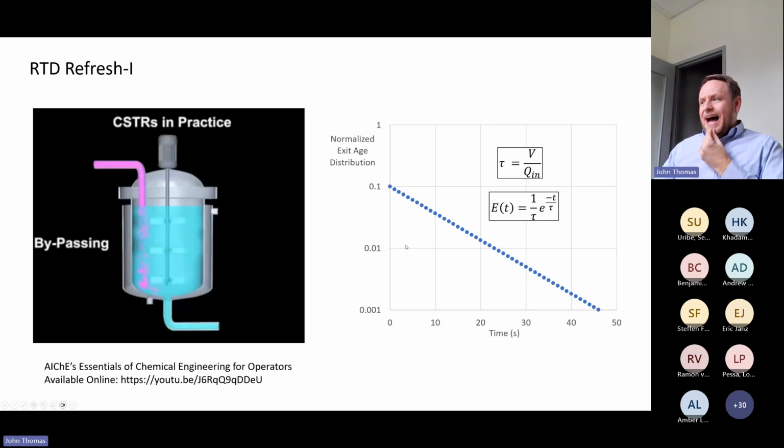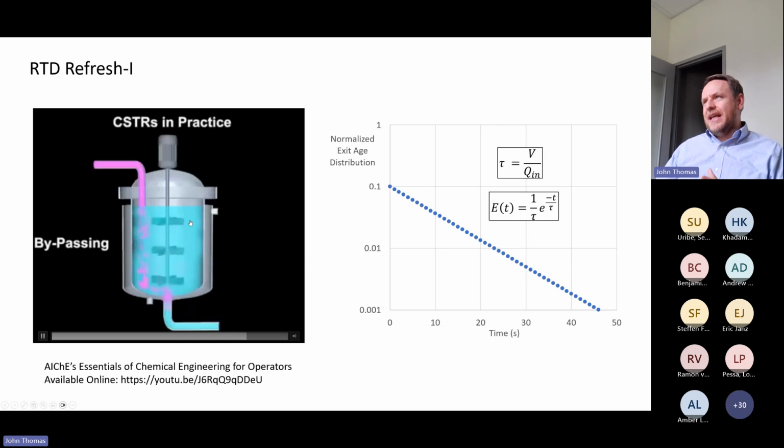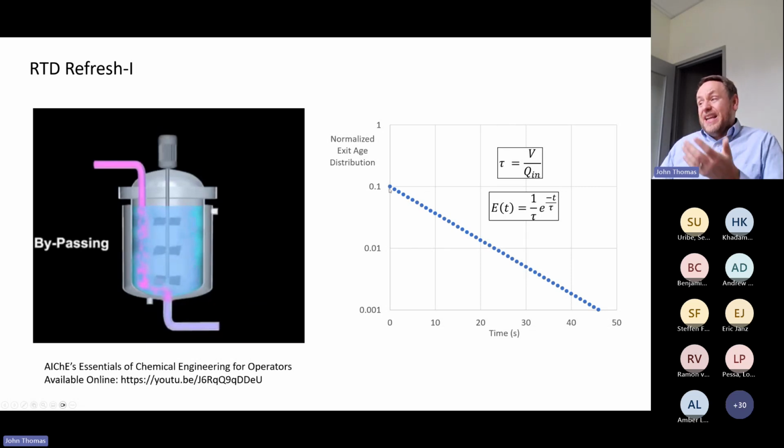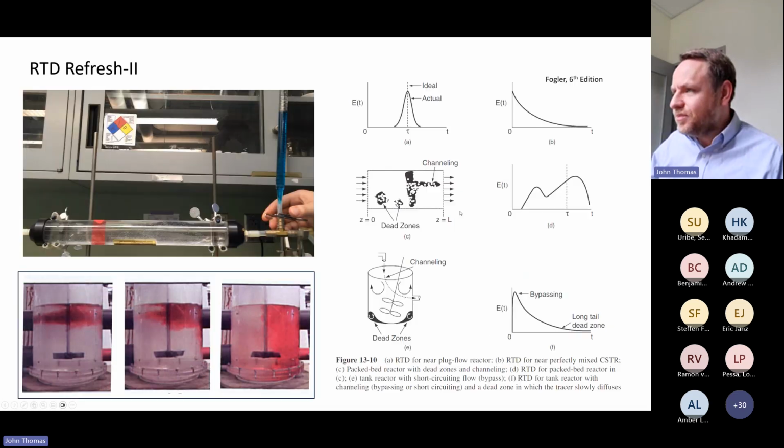So foundationally, if we have non-idealities, such as bypassing, short-circuiting, or some sort of dead zones, that can lead to deviations from this ideal well-stirred expectation. And again, we're not going to achieve this ever, but we can if we have well-stirred batch systems.